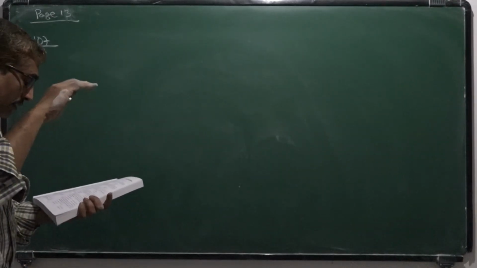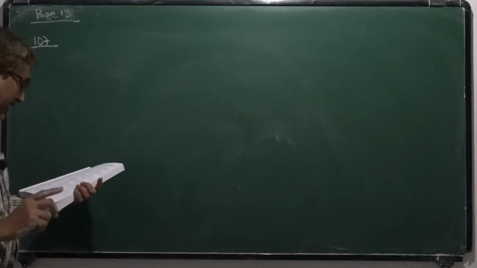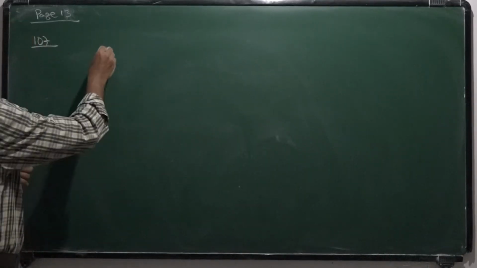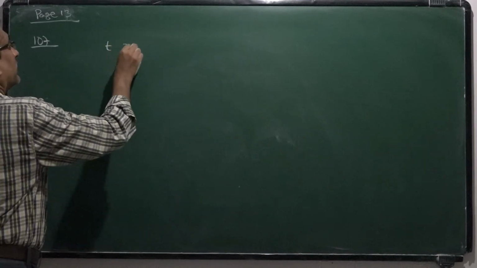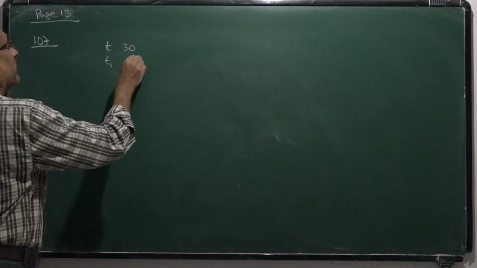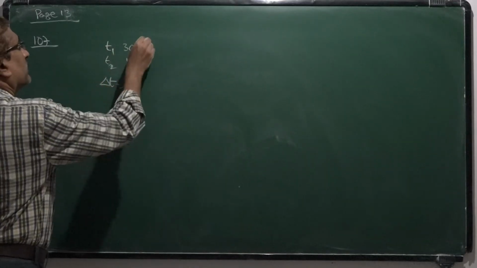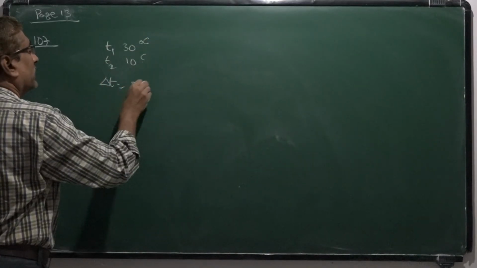A clock keeps correct time at 30 degrees centigrade, and the number of seconds it loses when the temperature falls to 10 degrees centigrade. So initial temperature is 30, final temperature is 10. So delta T is 30 minus 10, that is 20 degrees centigrade.